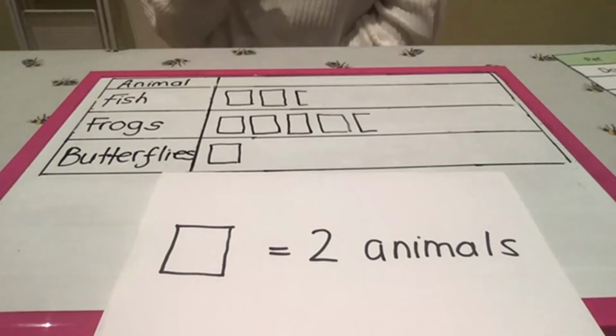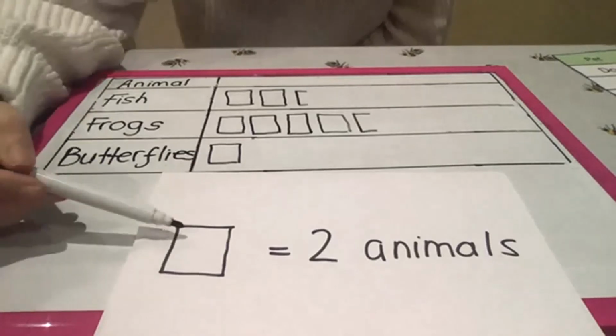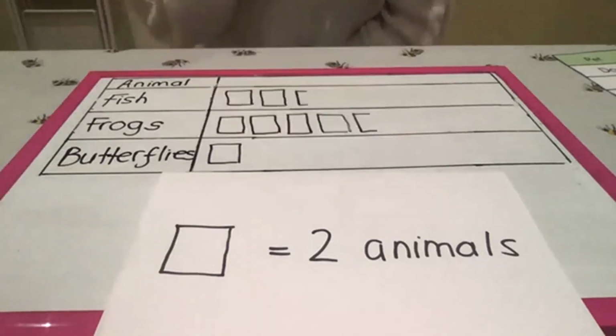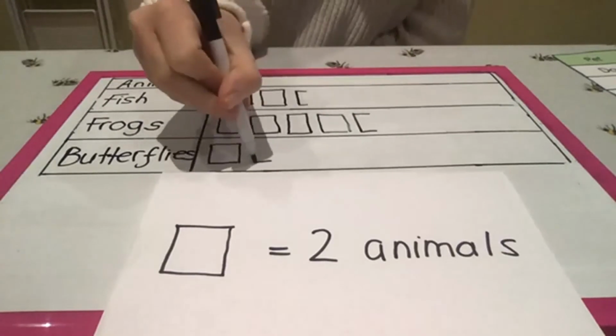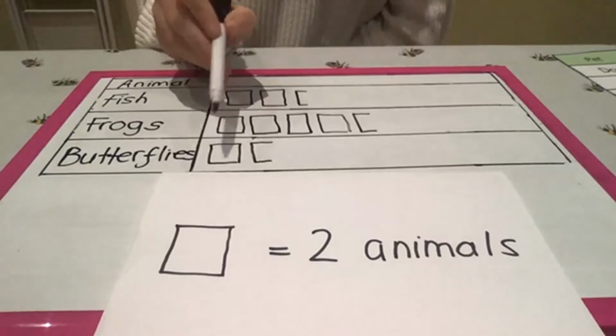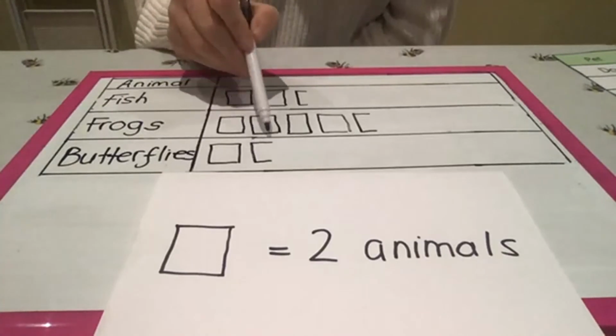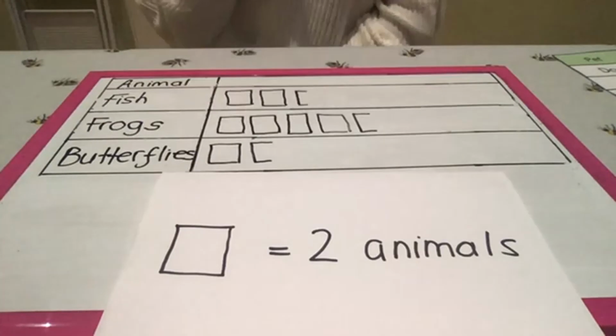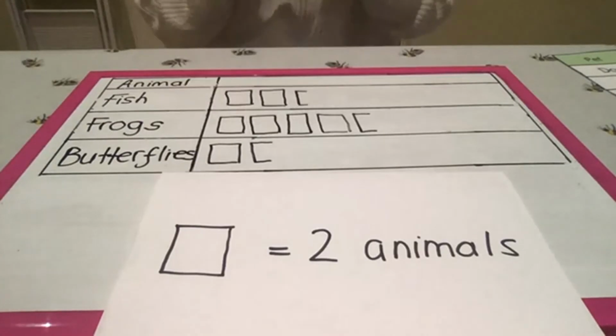Well, I know that if I half my square, I can represent 1 animal because half of 2 equals 1. So I'm just going to add a half square because I've got 2 butterflies and 3 butterflies with my half square. I didn't need a full square because I didn't have 4 butterflies to represent.